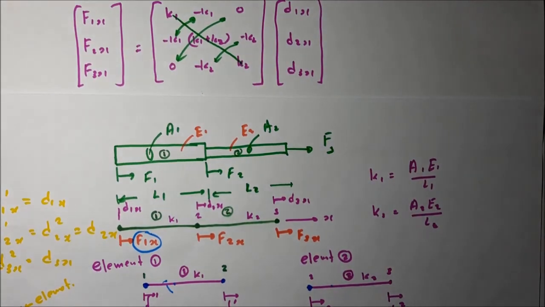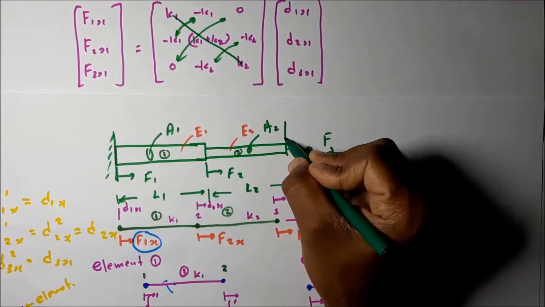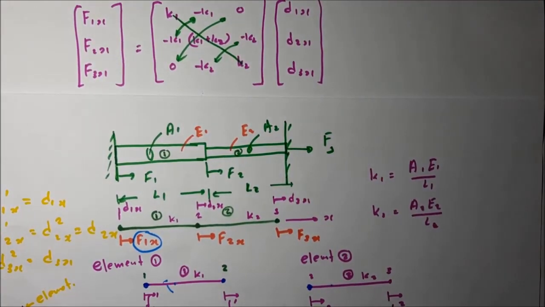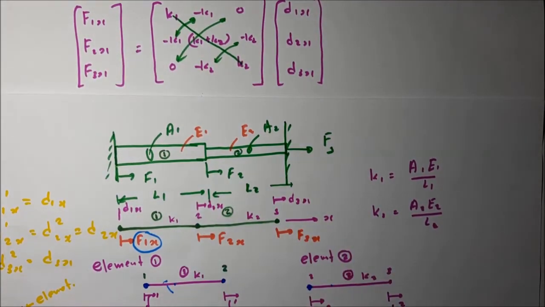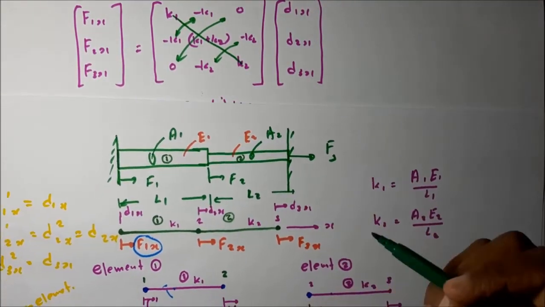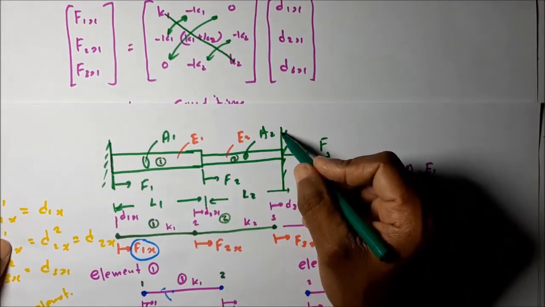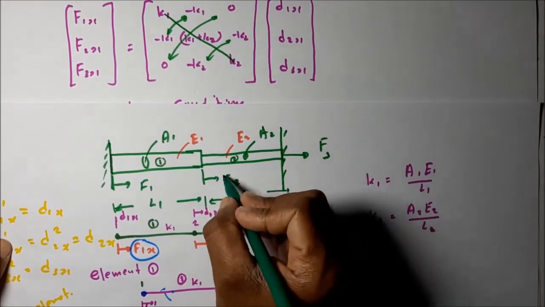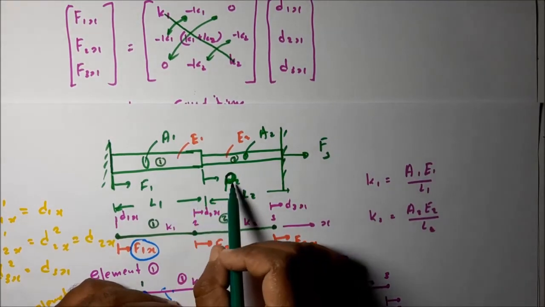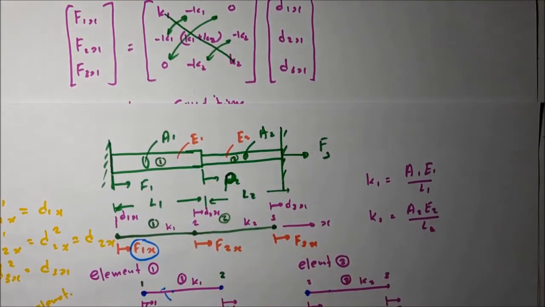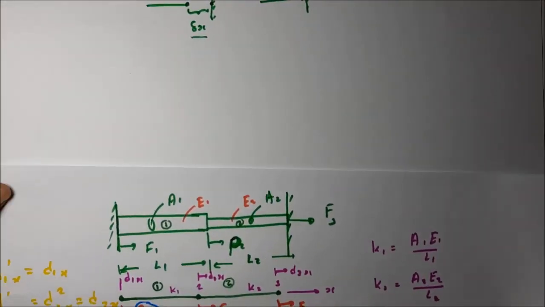For example, if the bar is fixed at these two points, and the force P is acting, how do we substitute the boundary conditions in this equation? I will write that equation and substitute the boundary conditions.